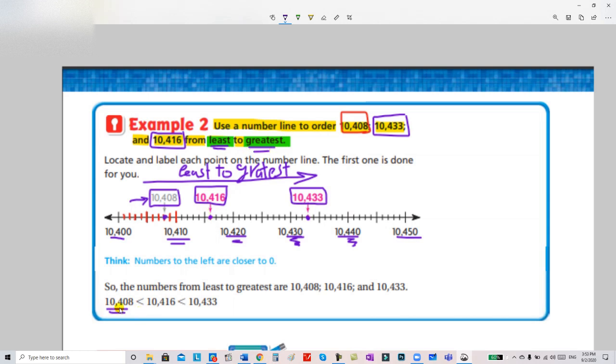So 10,408 is the first number, or we can write it like that. The second one is 10,416, and the third one and the greatest one is 10,433, or we can write it like that.